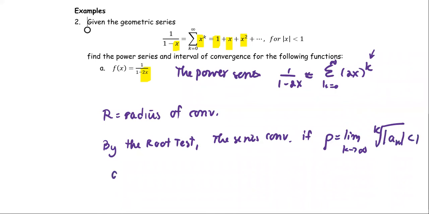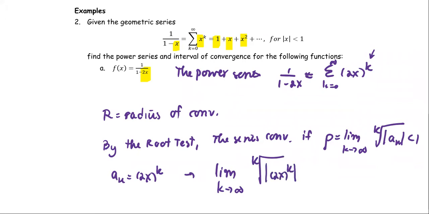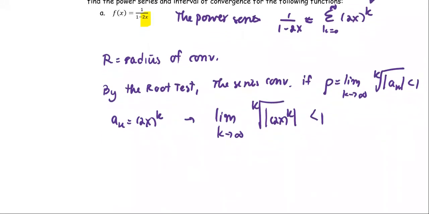For this series, a_k is 2x to the power k. Therefore, the limit as k approaches infinity of the k-th root of the absolute value of 2x raised to the power k must be less than 1. The power k and the k-th root take care of each other.